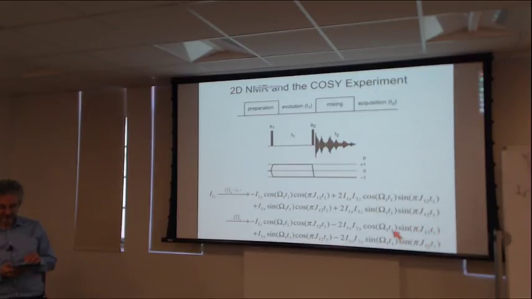We're going to increment T1, but eventually we have to increment it long enough so that this sine term builds up. When T1 is very small, the sine is 0 or near 0. So T1 has to become comparable to 1 over the J coupling to make the sine term appreciable.